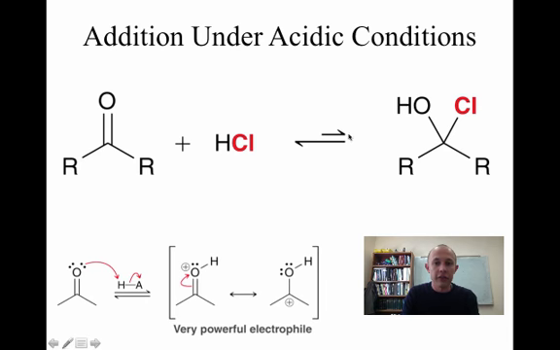Under acidic conditions, hydrochloric acid can add across a carbon-oxygen double bond, right? But the first step is going to be protonation of the oxygen, right? So we have protonation of the oxygen to form this intermediate, which then undergoes nucleophilic attack by the chlorine atom to form the product of addition. This is just like addition to a carbon-carbon double bond.